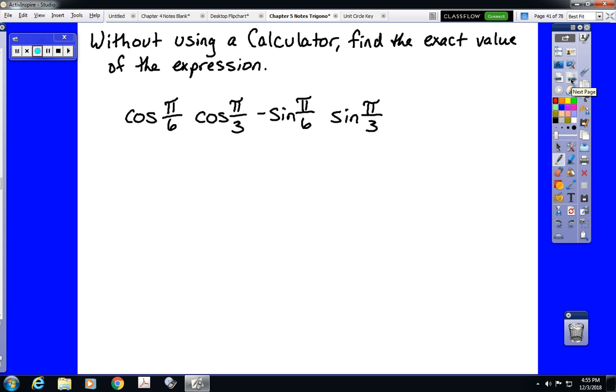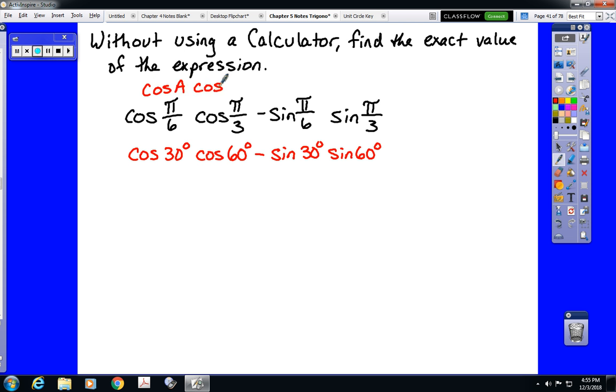Okay, we can do this with radian measures as well. Let's just convert everything from radians to degrees. Pi over 6 is on our unit circle. That's 30 degrees. Pi over 3 is on our unit circle. That's 60 degrees. So what this is saying is the cosine of 30 times the cosine of 60 minus the sine of 30 times the sine of 60. Well, again, that is one of our two patterns.